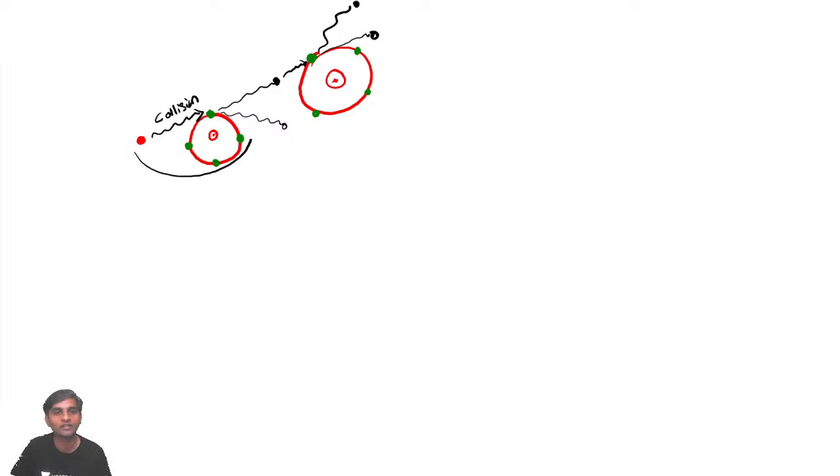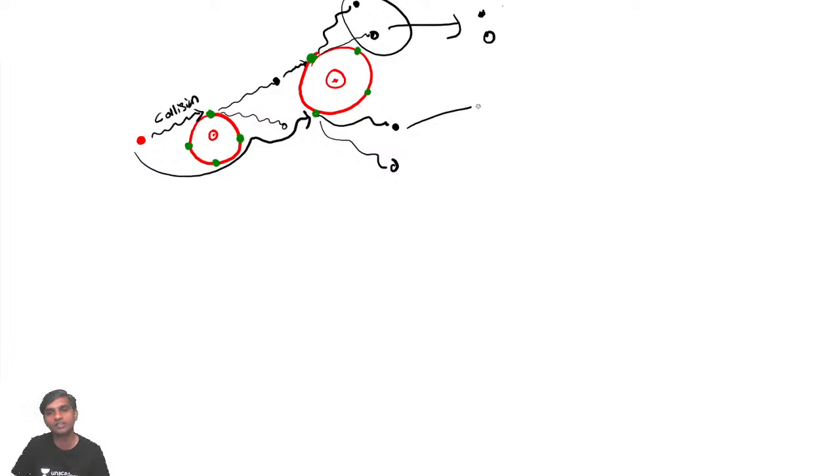The previous one is also going and hitting another one, because of which another hole has come, another electron has come. Now again these two will go and hit, and you will get more electrons and holes.